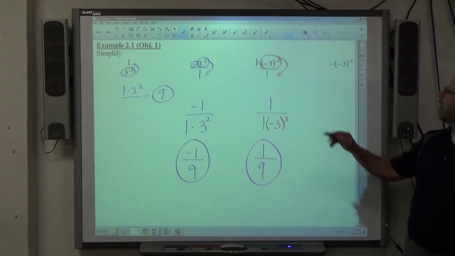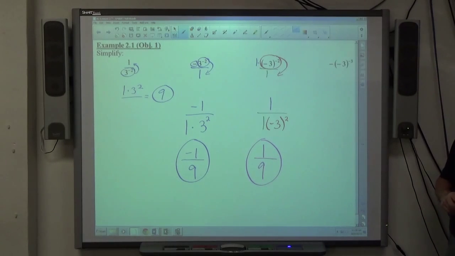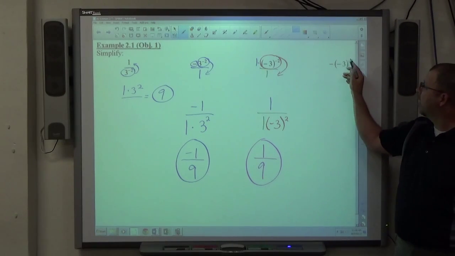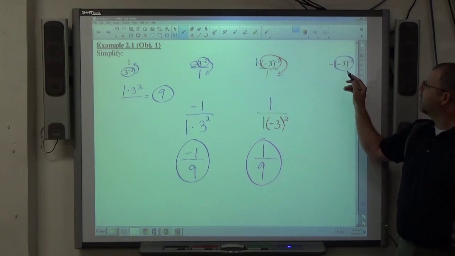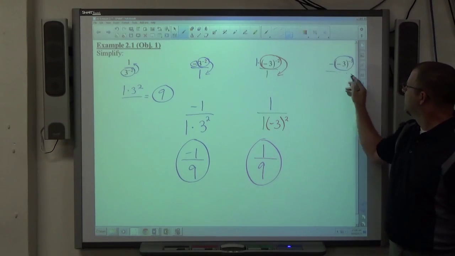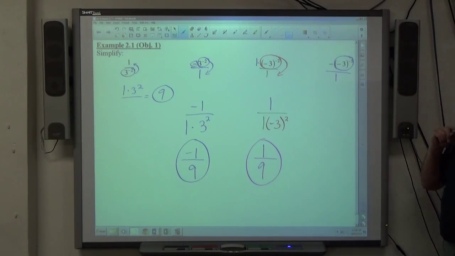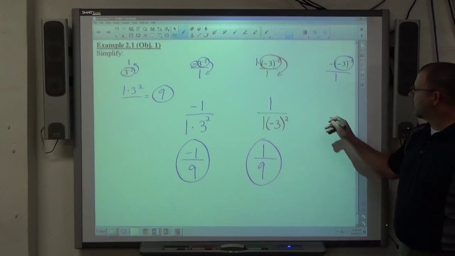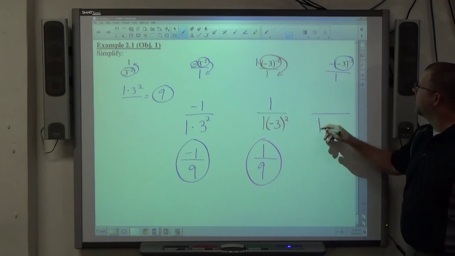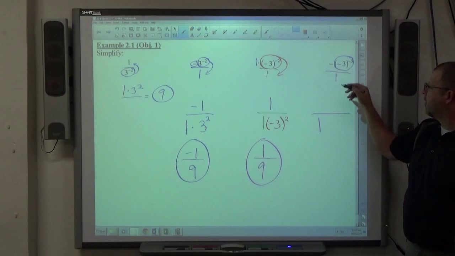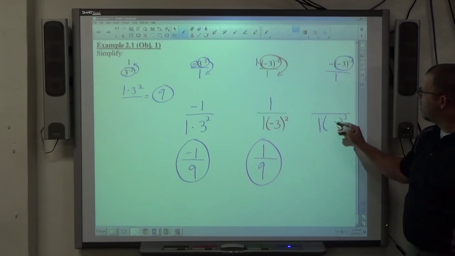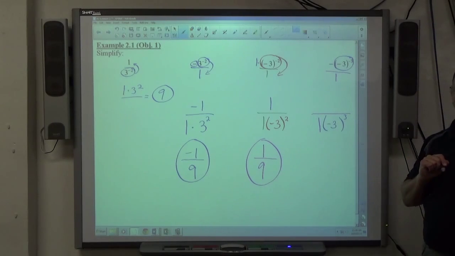All right, the last one. What's being raised to the negative third power? Negative 3 is. This minus sign isn't, right? The minus sign isn't. So again, if I put that over 1 to begin with, my original structure looks like this, something over 1. I move my negative 3 to the negative third power down. The negative third power changes to a positive third power. The base stays negative 3.